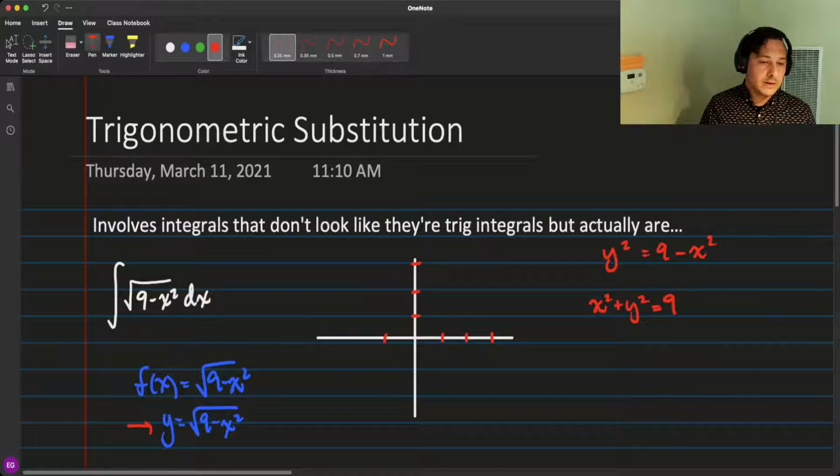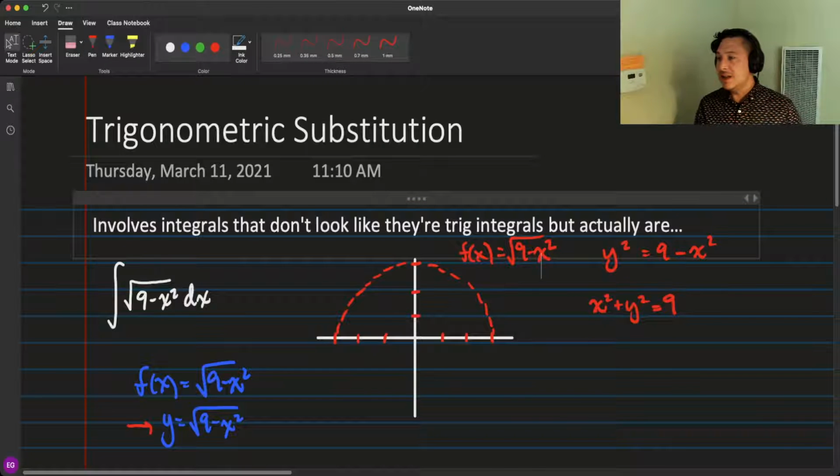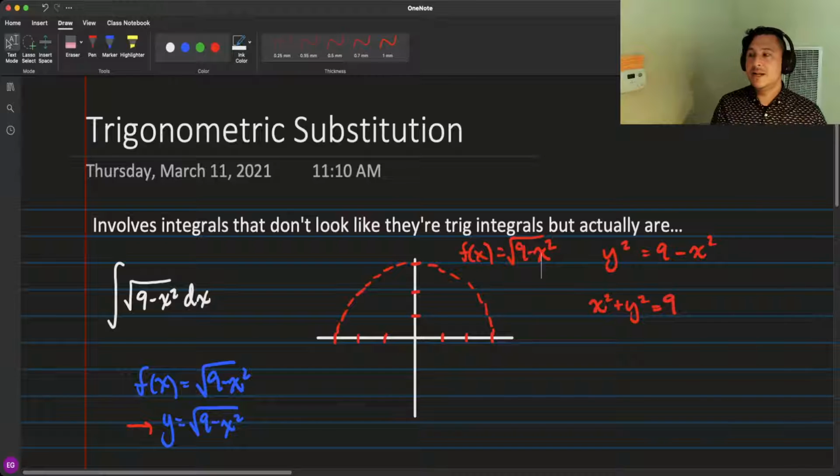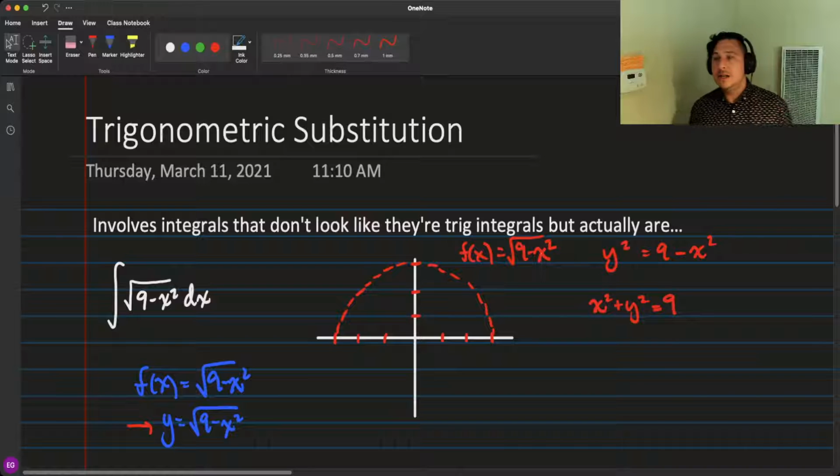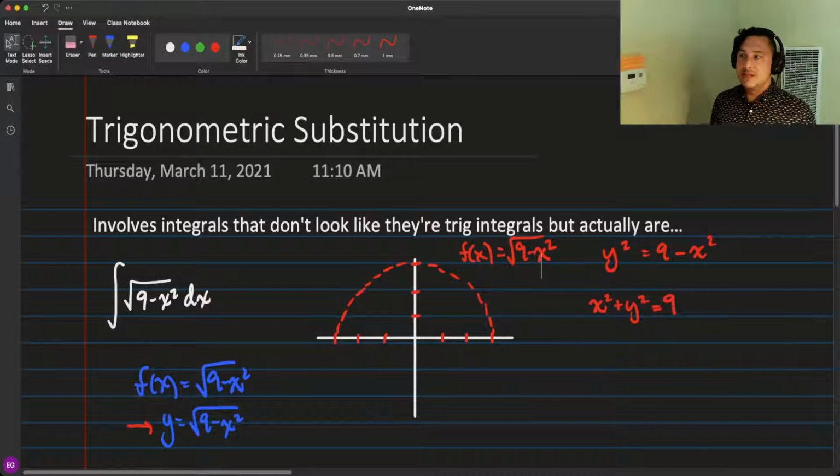Well, a semicircle of radius 3. Okay, so this is your f of x equals the square root of 9 minus x squared. So even though it doesn't look like it, you have some immediate reason to suspect that trig stuff might be involved. Does that make sense? If you pause for a moment and activate your knowledge, it's not a far reach to say, oh, I'm dealing with a circle, so trig stuff might end up being involved.